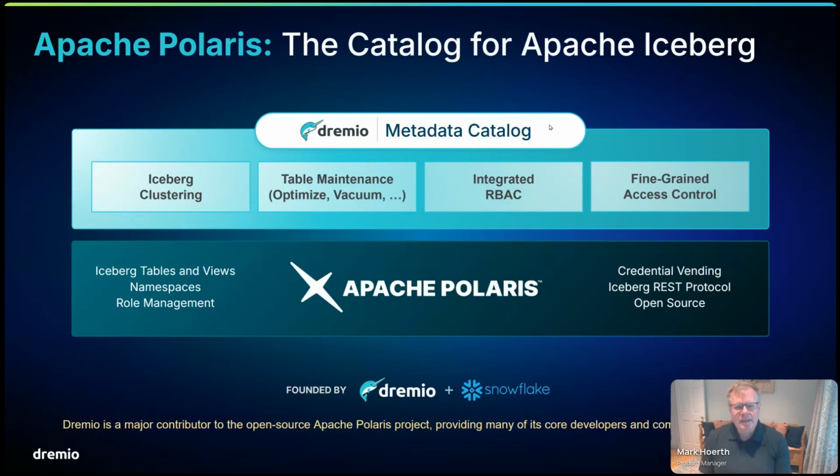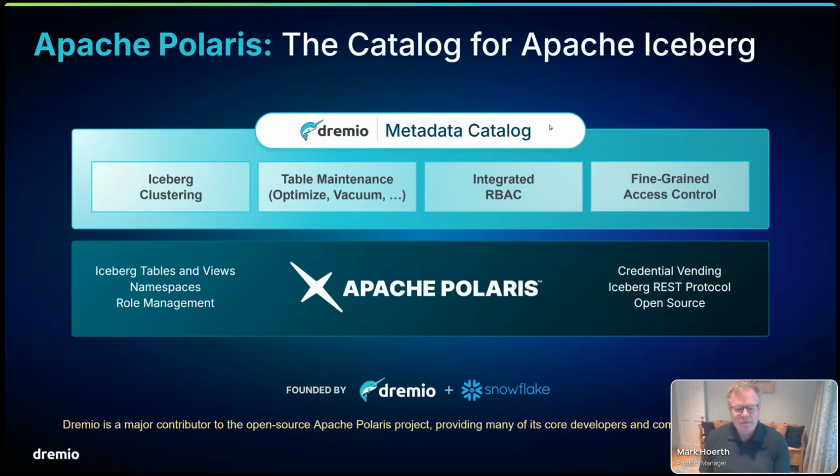Apache Polaris is the open source Apache project for a catalog that's meant to accompany Apache Iceberg. And its origin is particularly interesting because it was started by the two basic leaders in Iceberg space, that being Dremio and Snowflake.